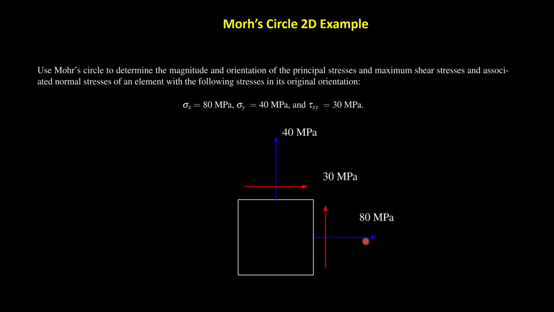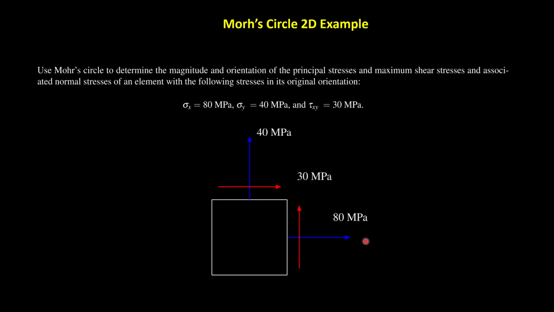Although for Mohr circle, there's going to be a tweak. We're going to consider positive certain stresses in a way that is a little bit counterintuitive with respect to the assumption we made to represent positive shear and normal stresses in the past.